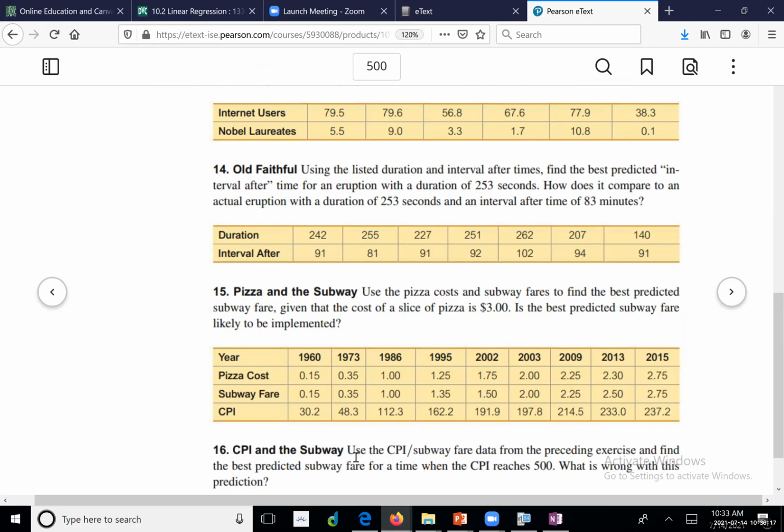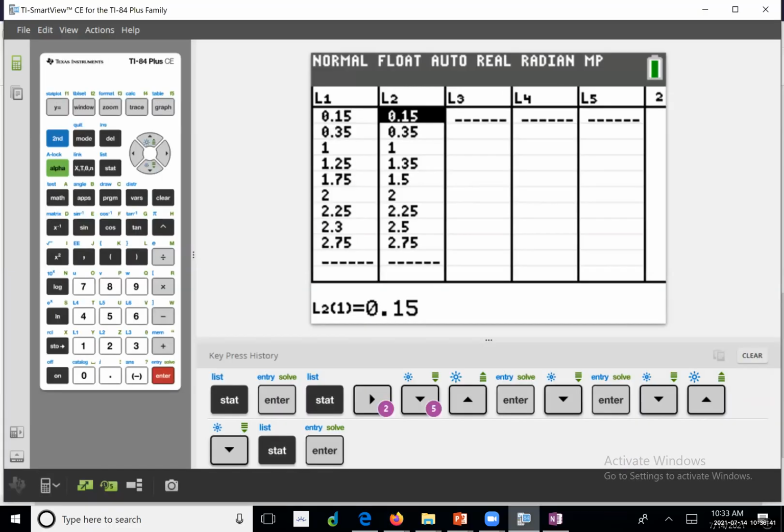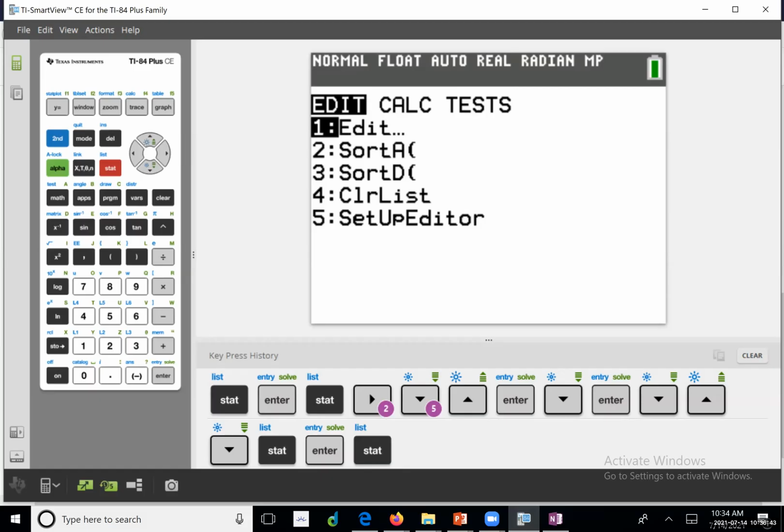About the pizza cost and subway fares: find the best predicted subway fare given that the cost of a slice of pizza is $3. Is the best predicted subway fare likely to be implemented? Go to your calculator, look at the p-value.